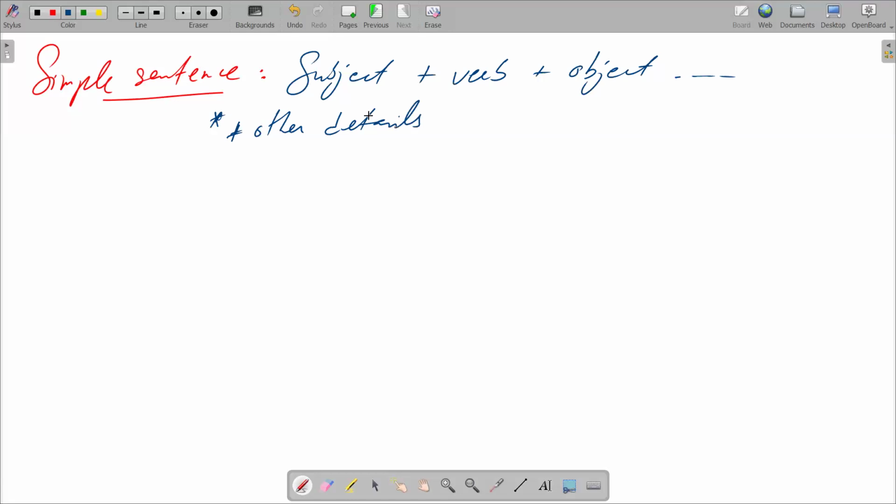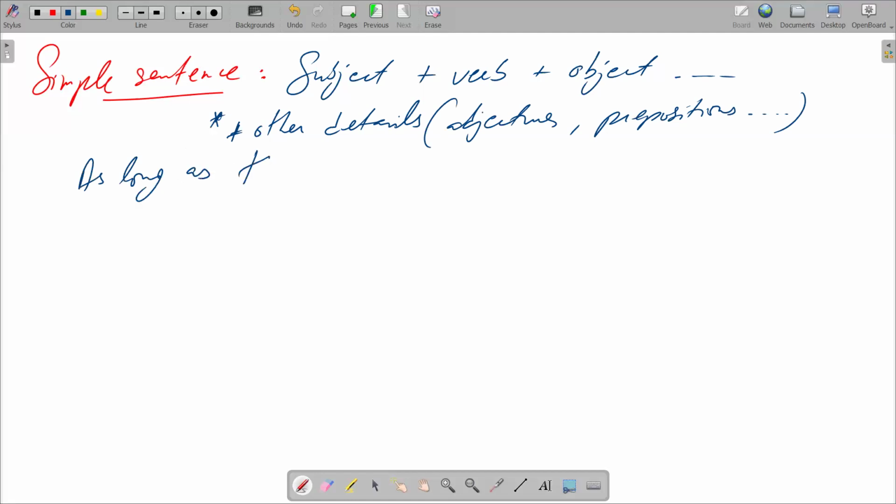Those other details are, for example, adjectives or prepositions or whatever, as long as there is no conjunction in the sentence. Okay, so a simple sentence has a subject and verb and other details to go with it, as long as there is no conjunction.